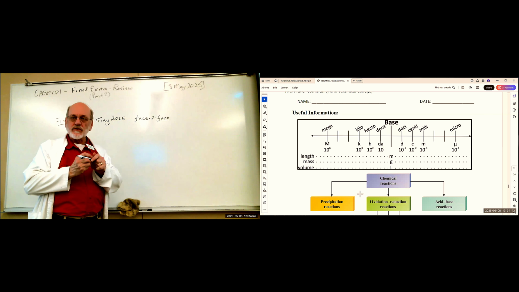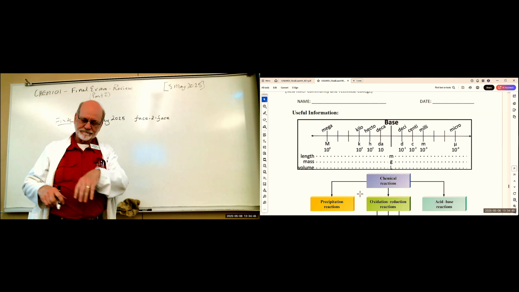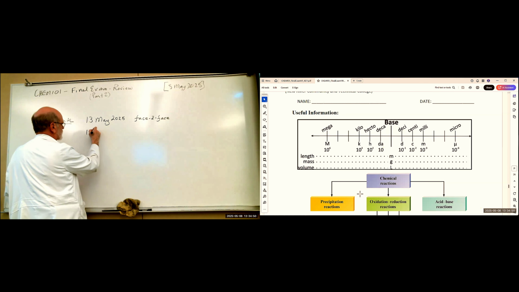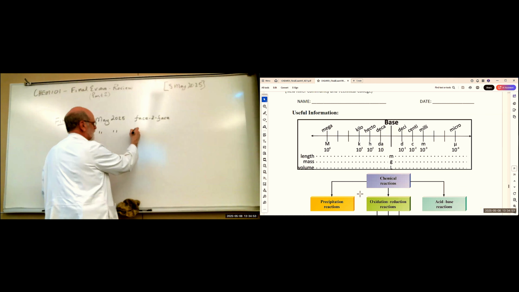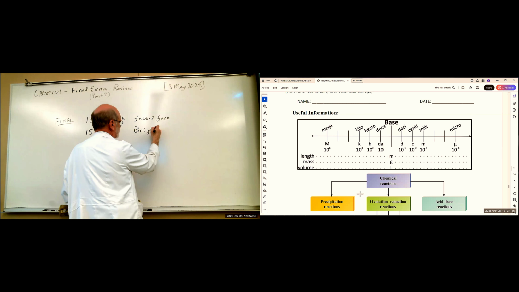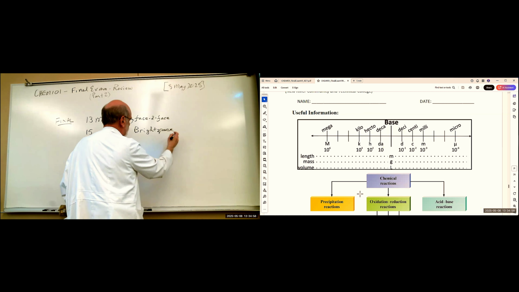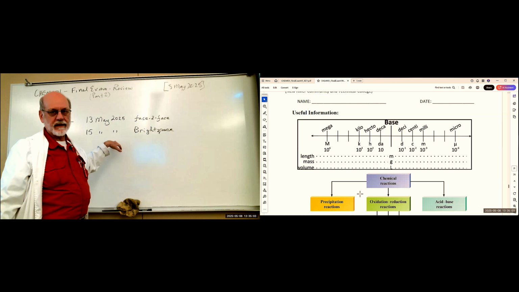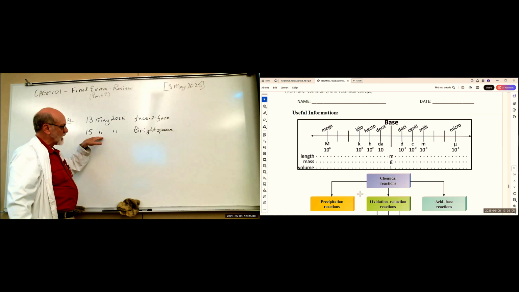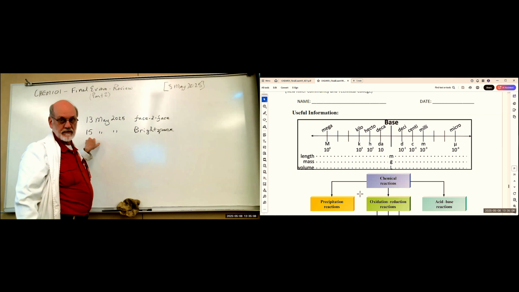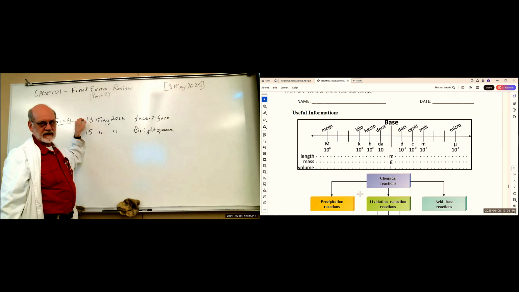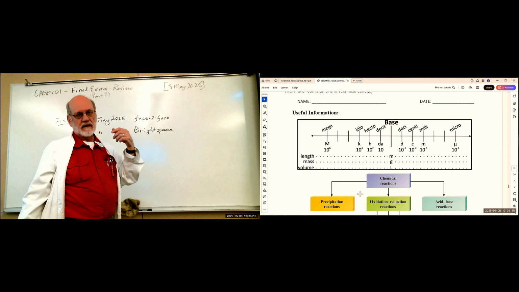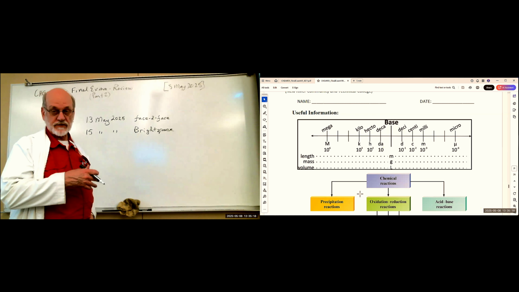The schedule in the syllabus says that the final's on the 15th. This can be Brightspace. I'm only going to be here on that day. I won't be here on Thursday. I have to be out of town. So if you take it in Brightspace, you've got till the 15th. If you take it in person, I'll be here on the 13th. If nobody shows up after about 30 minutes or even less, I'll just pack up because I assume nobody's coming.